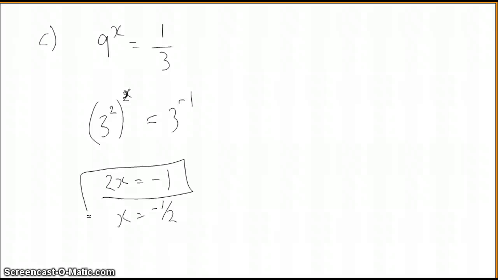Last one, and then you can try some. 25 to the power x equals 1/5. What number would you suggest I make the base in this case? 5? Well done, Liam. 5 to the power what gives 25? 2.